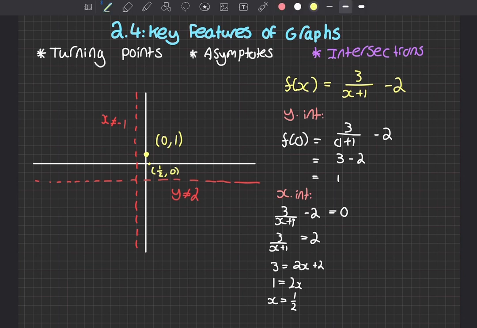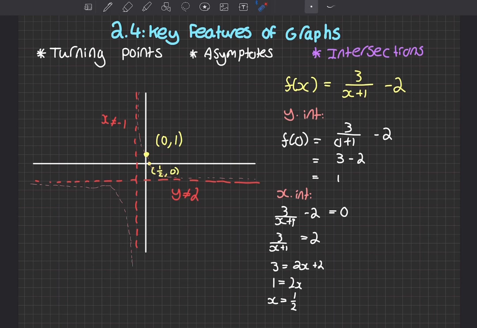And now that you have your intercepts and your asymptotes, you can start to sketch your function. It'll look something like this, again, never touches this line, touches the two intercepts, never touches this line. And for this type of function, you'll also have something that goes like this on the other side. And yeah, that's how you graph a function.